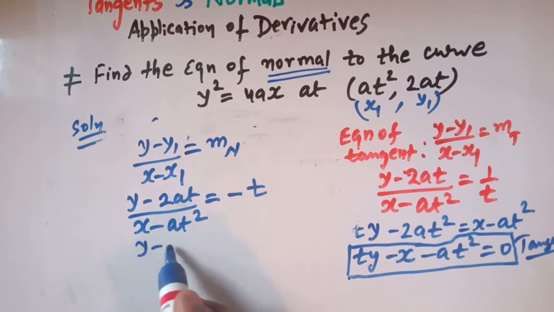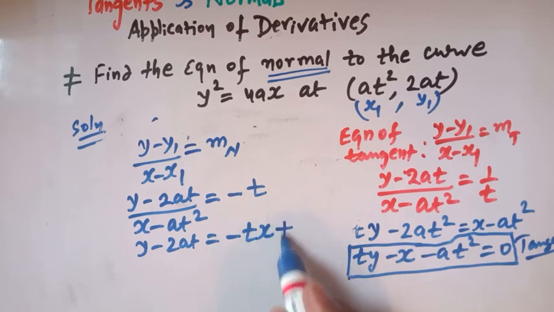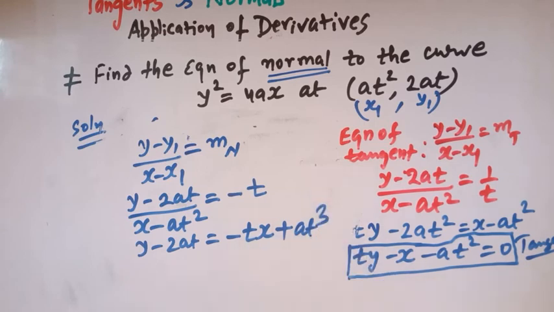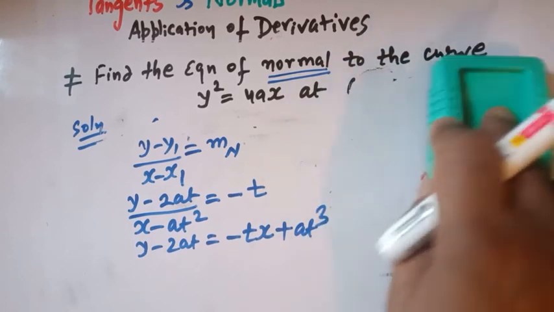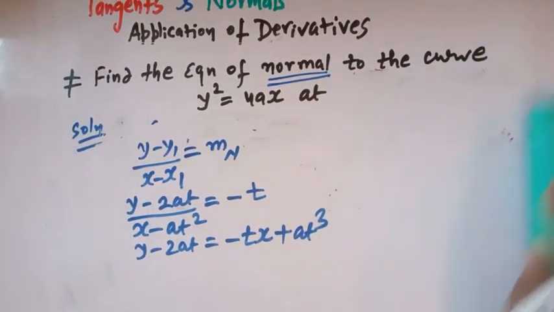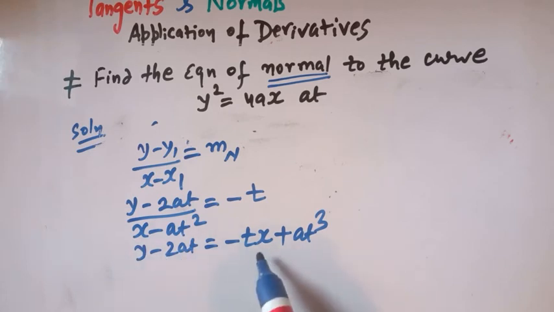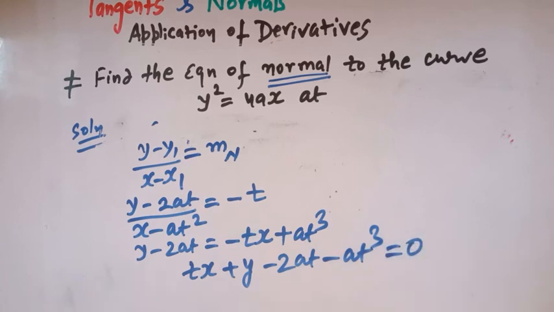So we have y minus 2at is equal to minus t x, and minus this is plus at cube. Clear? Now we can write it here. This is y minus 2at equals minus tx. So we have tx plus y minus 2at minus at cube is equal to 0.